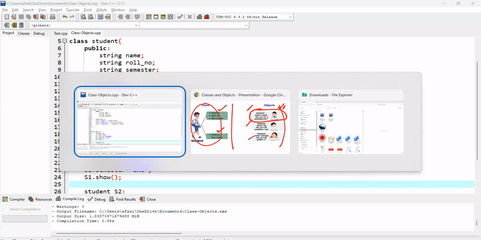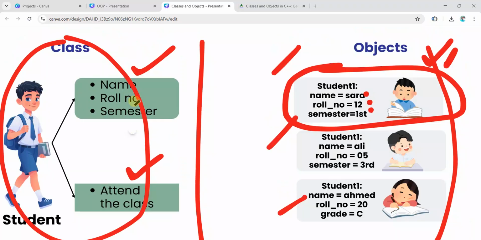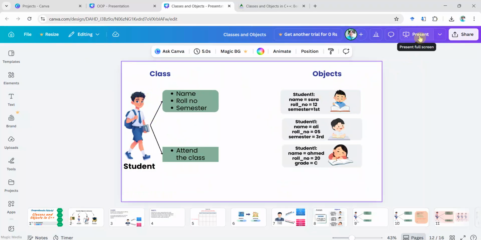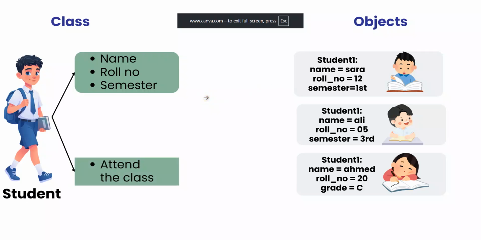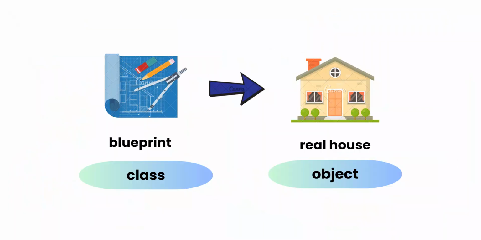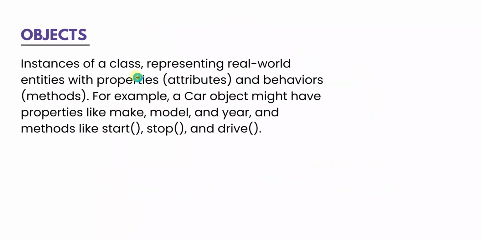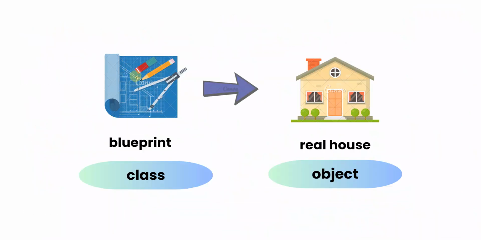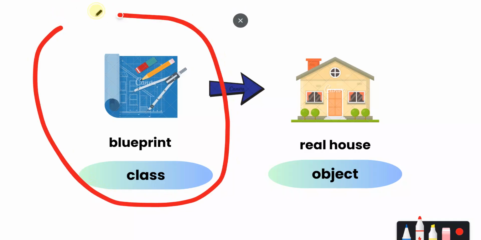So let's revise what we covered. We covered what classes are and what objects are, and the important thing which we need to discuss over here is that if we compare it with the real world, classes are designed for any particular object.